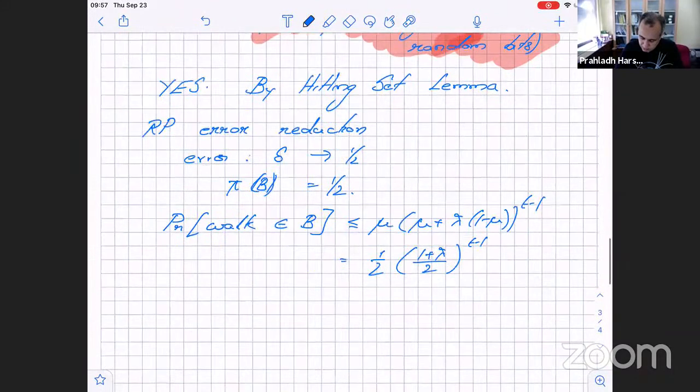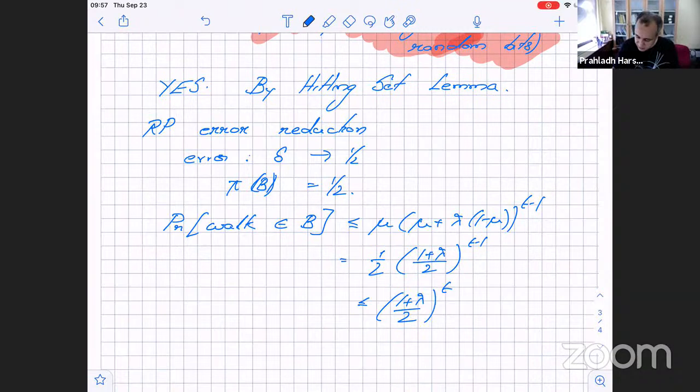I'm going to just replace this by (1 plus lambda)/2, the whole power t. Notice this number is not like 1/2 to the power t as with independent repetitions, but like (1 plus lambda)/2, the whole power t. It is still a number less than 1. So it's not like half to the power t, but possibly like 3/4 to the power t or 9/10 to the power t.